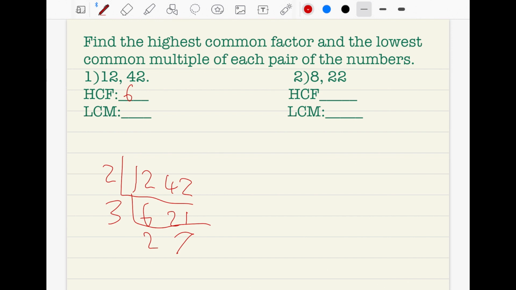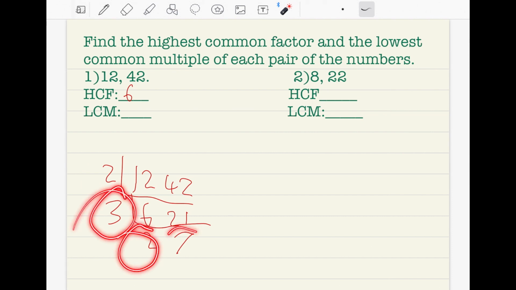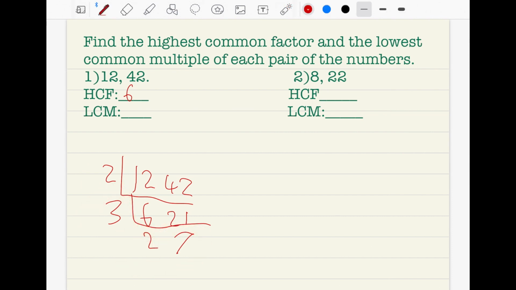So then we do the L shape. So 2 times 3 times 2 times 7. It is written like this. 2 times 3 times 2 times 7. But to make it more simpler, it is 2 squared times 3 times 7.